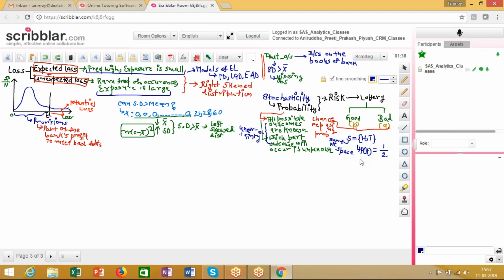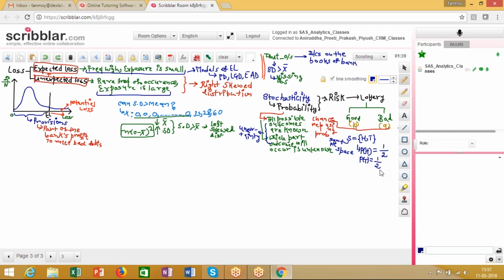Similarly, the probability of tails is the number of cases favorable to tail, which is 1, divided by the total number of occurrences, which is 2. Therefore, head and tail both have an equal probability of occurrence in this case.